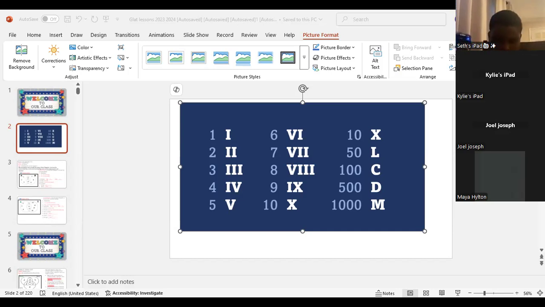So why didn't you just put, because you want 80, right? Yes, sir. So why don't you just put XXX? You know why I put XXX? Because X is 10. Yeah, X is 10. So don't use VI, VIII. Just use XXX, right?